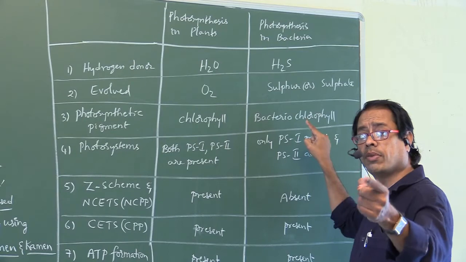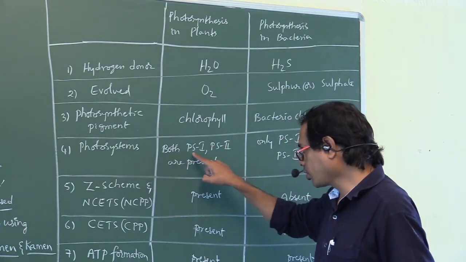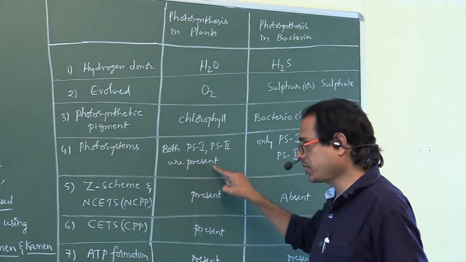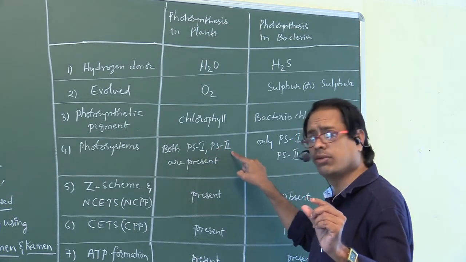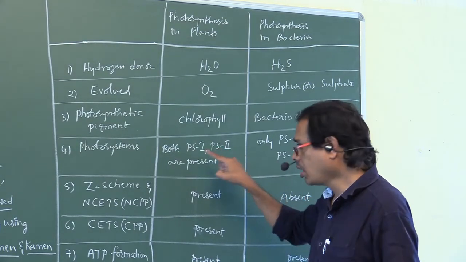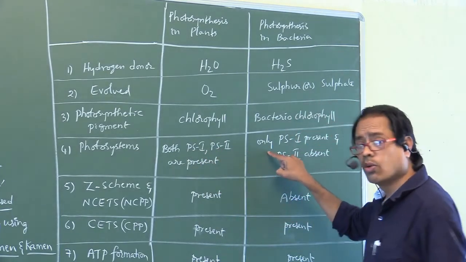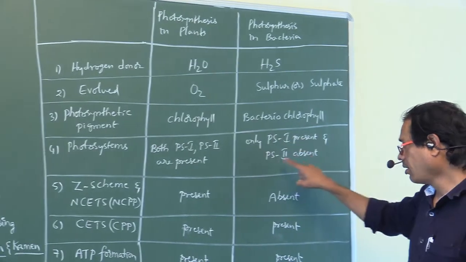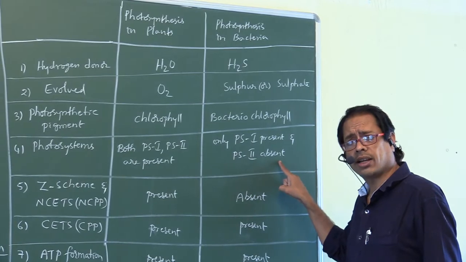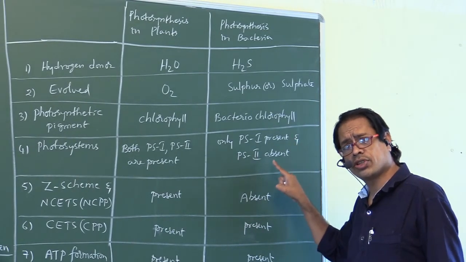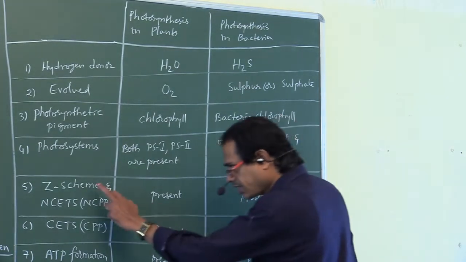Chlorophyll is different from bacteriochlorophyll. In plants, both photosystem 1 (PS1) and photosystem 2 (PS2) are present, whereas in bacterial photosynthesis only one photosystem is present, that is PS1. PS2 is absent.